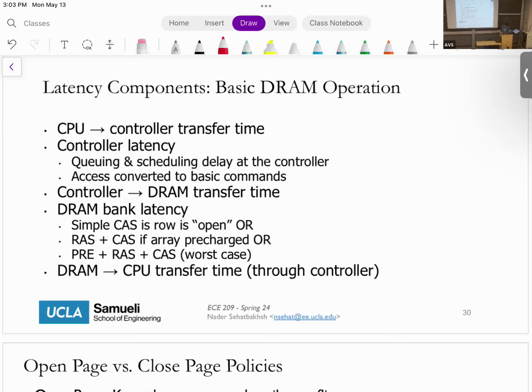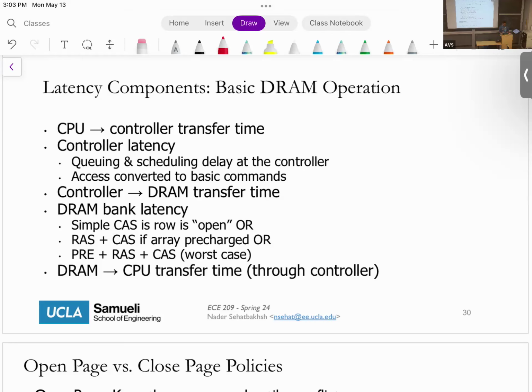Essentially the controller needs to make some decision, and the decision itself might also take some cycles. So for example, you might use a fancy machine learning based, reinforcement learning based decision making process, which itself might take 1 or 2 cycles. Okay, so that's another thing that adds latency.